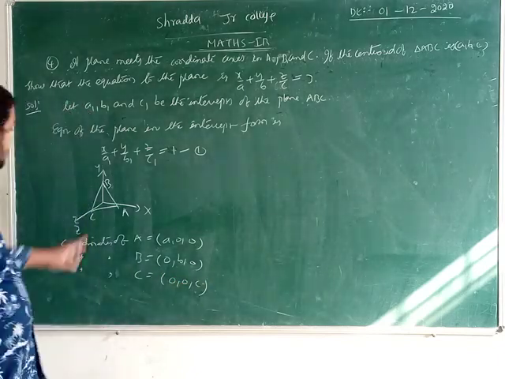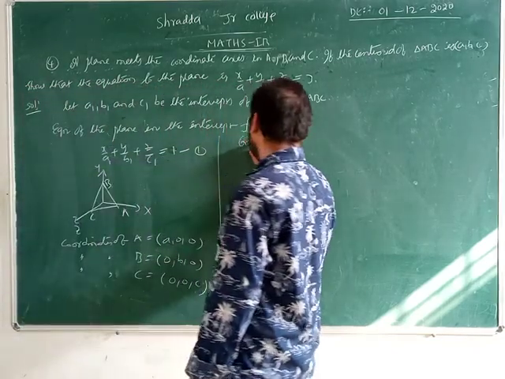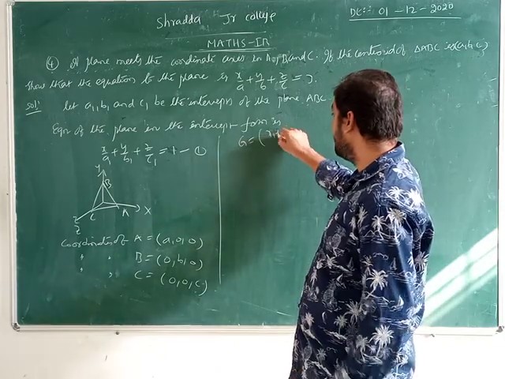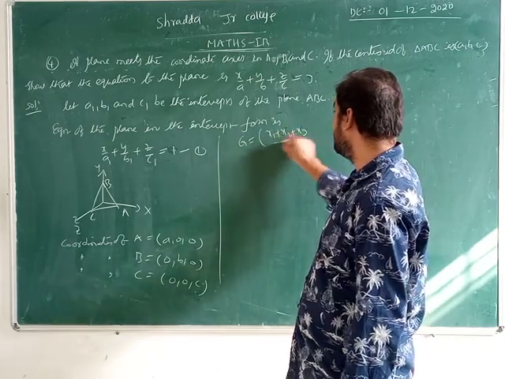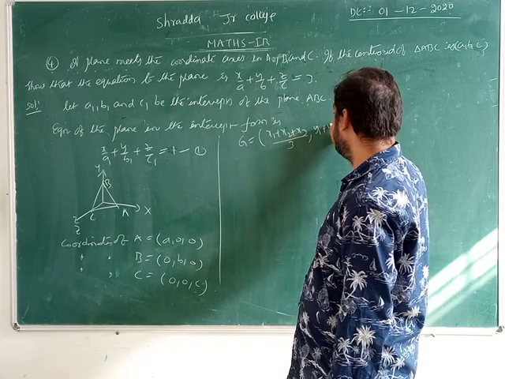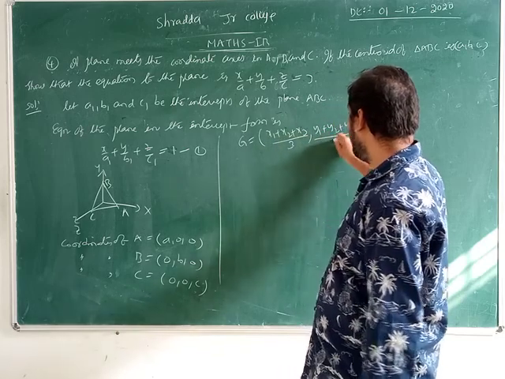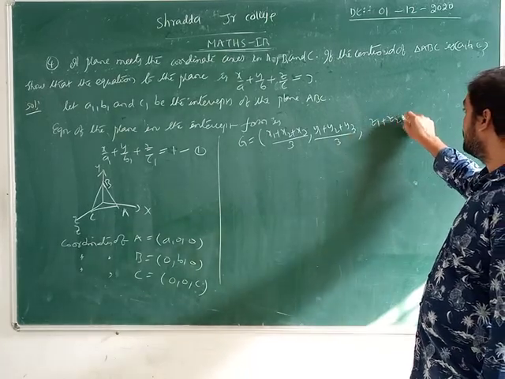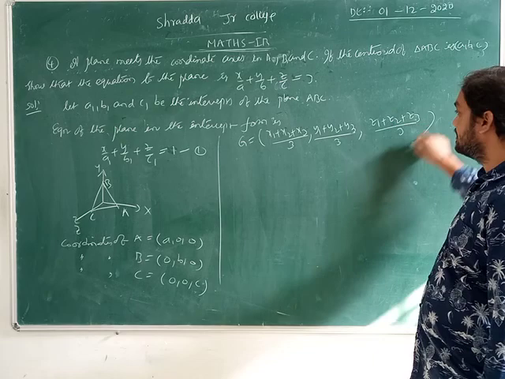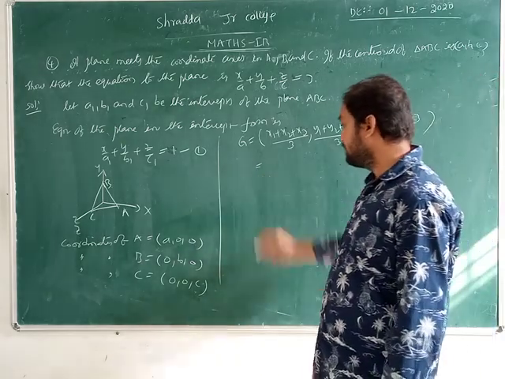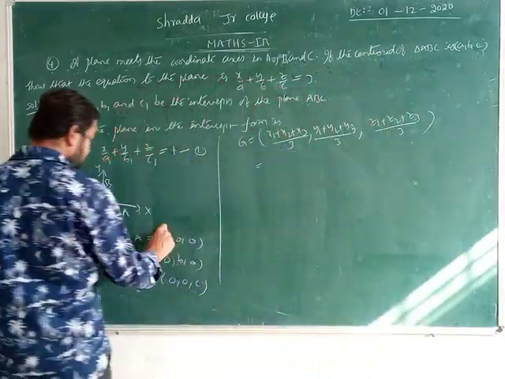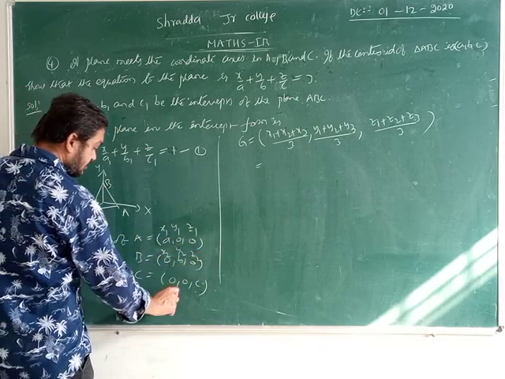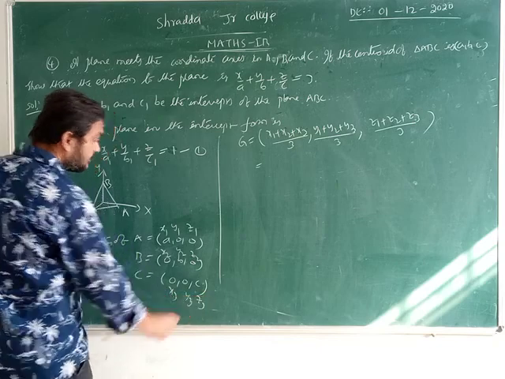Now we have to find the centroid, which is denoted by G. By using which formula? x1 plus x2 plus x3 by 3 comma y1 plus y2 plus y3 by 3 comma z1 plus z2 plus z3 by 3. Take these as x1 y1 z1, x2 y2 z2, x3 y3 z3.